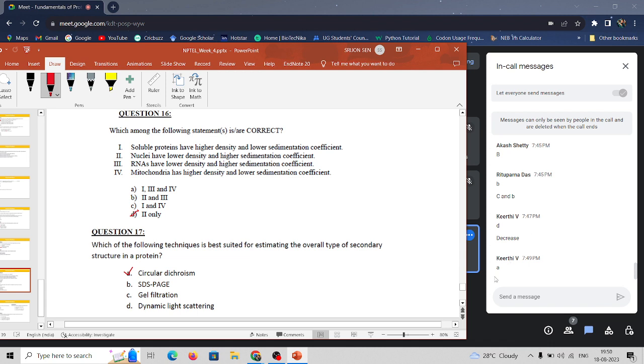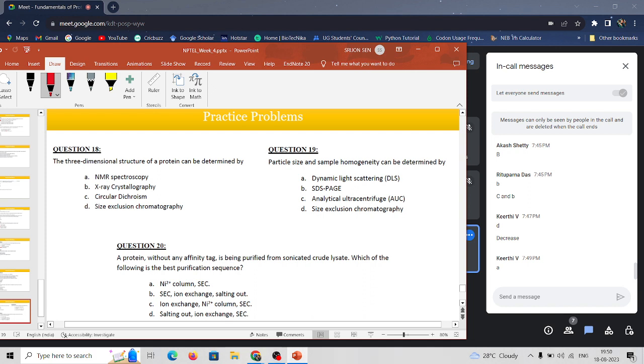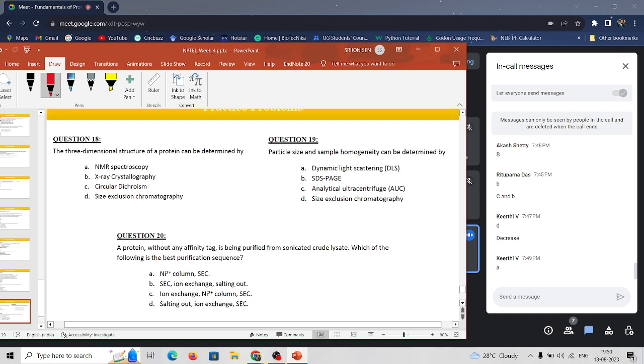Next, what do we have? Okay. So, three-dimensional structure of a protein can be determined by. How can you determine the 3D structure of a protein? Okay. X-ray crystallography. Any other thing?